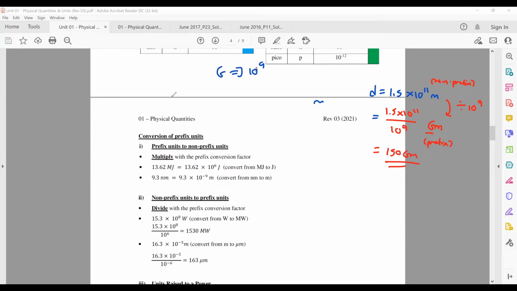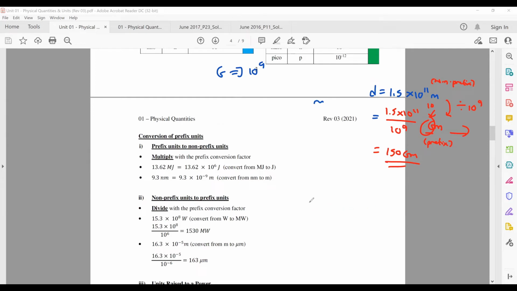One common thing that some students used to remember this is this. Their line of reasoning is this. If they see the thing already has a prefix, when you want to get rid of the prefix, you're just subbing in 10 power 9. Let's just say, for example, maybe I give you a different one.